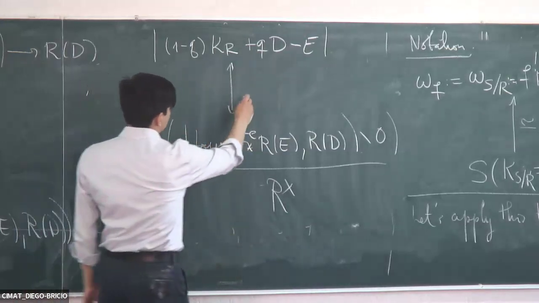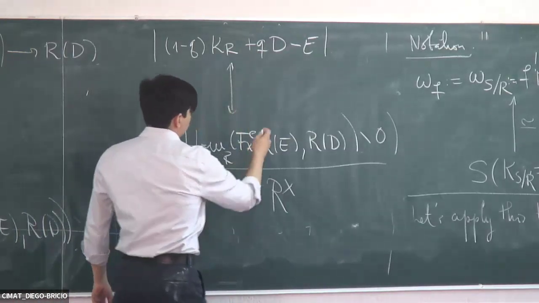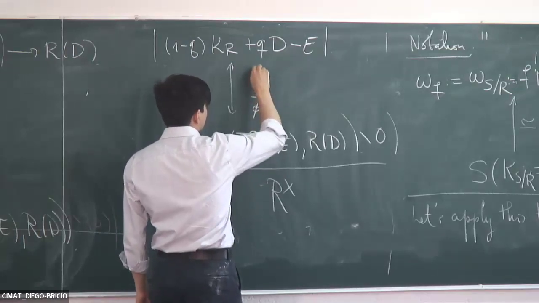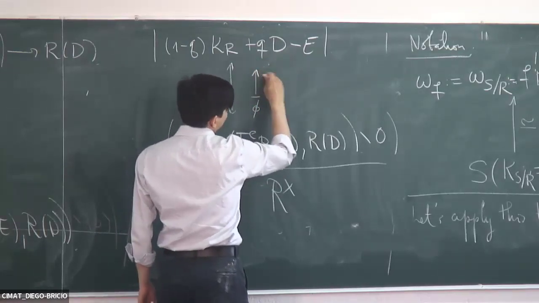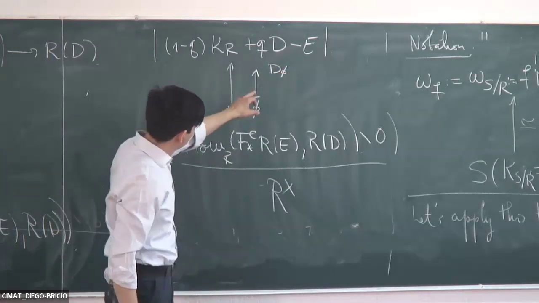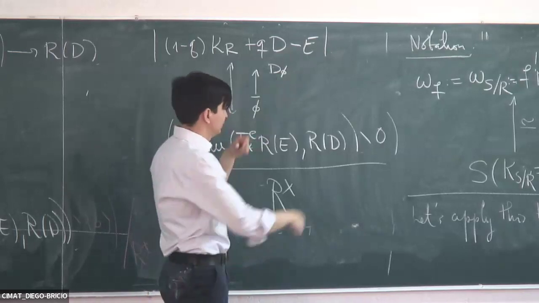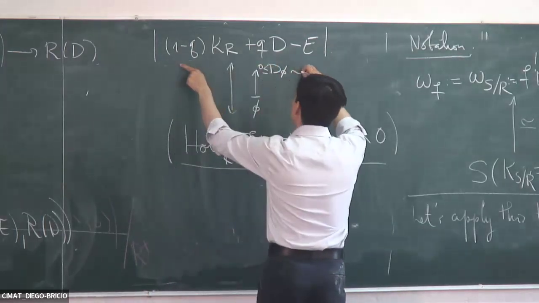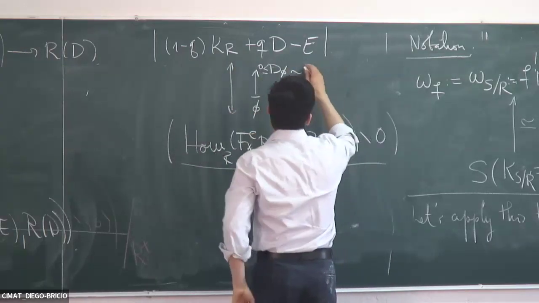Okay, and so this is the correspondence here. So to a phi, we're going to attach a d phi. What are the fundamental properties of this d phi? One, it is effective. And second, it is linear equivalent to whatever shows up in here.